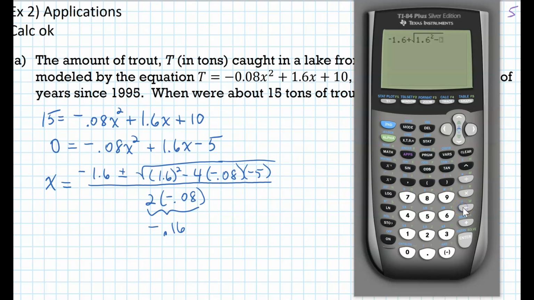Nope. Well, I don't have a negative on it. If I had a negative on it, yes. Okay, so minus 4 times negative 0.08 times negative 5. Okay, so that's that piece there, and then we divide that by negative 0.16, and there's one answer.